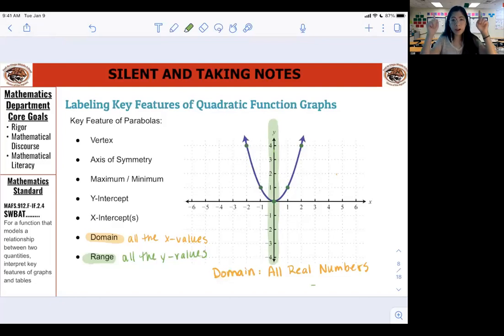My graph is pointing up, so if it's pointing up, where is it going towards? Infinity. On both sides. It's pointing up on both sides. So upwards, I'm going towards infinity. But when I look downwards, what happens? Negative infinity? Does it go that way? No.